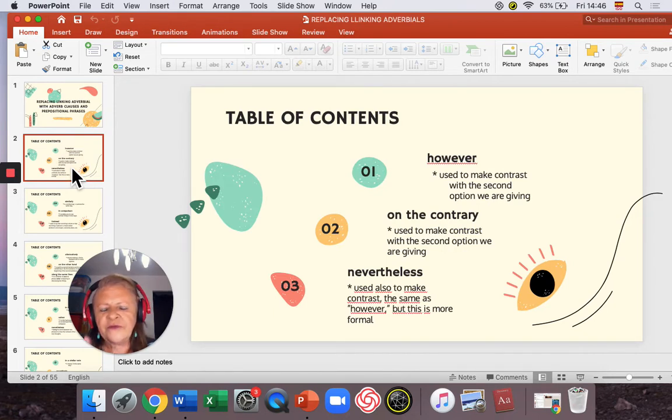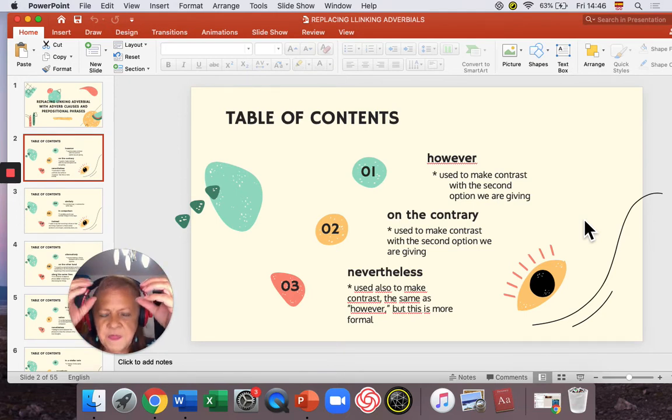The table of contents is the list of the linking adverbials. And here I wrote them with a small explanation. We have however, and it is used to make contrast between one thing and the second option.